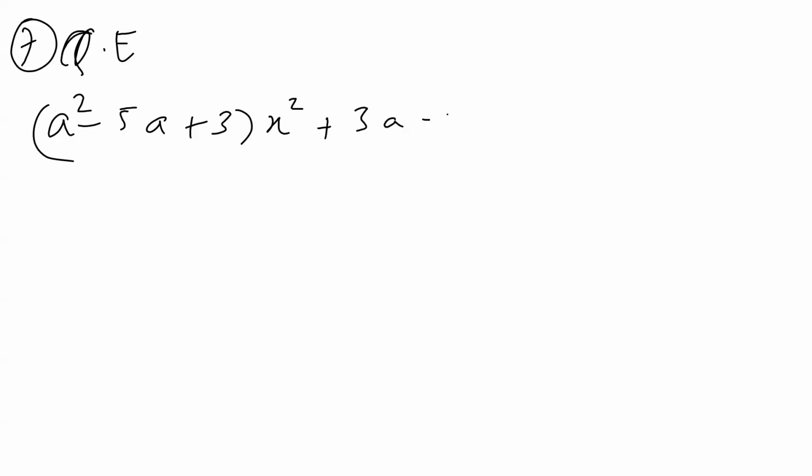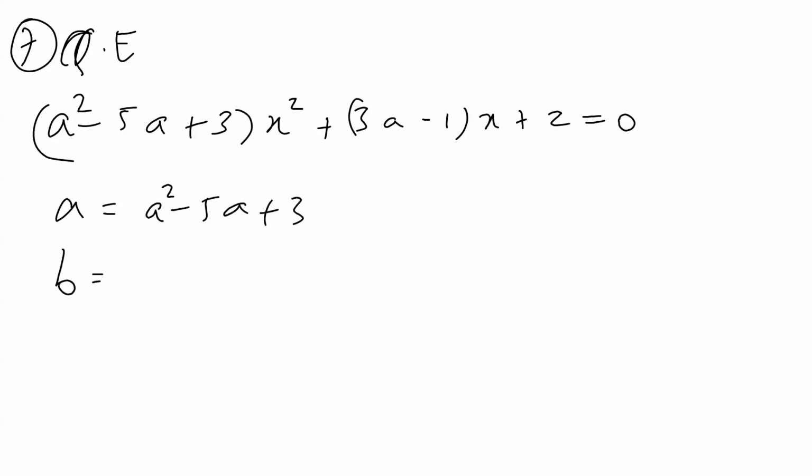So the quadratic equation over here is a square minus 5a plus 3 into x square plus 3a minus 1 into x plus 2 equal to 0. Okay. So compare it with ax square plus bx plus c. So a is a square minus 5a plus 3. B is 3a minus 1. C is equal to 2.